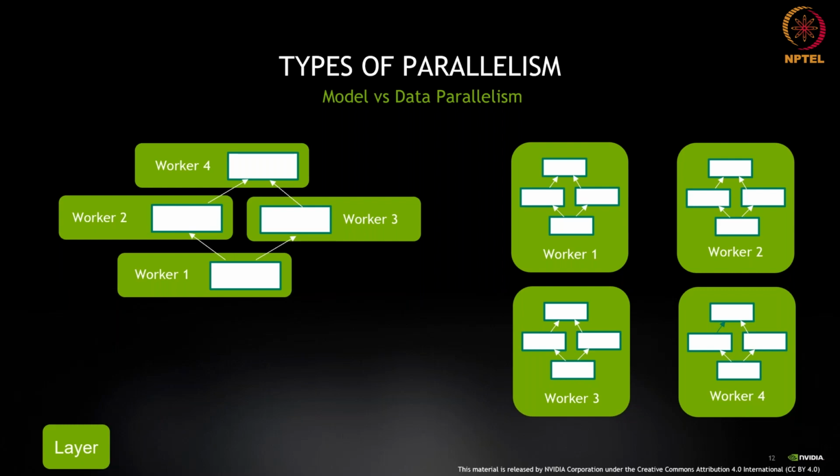Data parallelism would run the same network in different workers or GPUs. When I say worker, I am referring to different GPUs, but with different input data for each worker. And then the outputs are aggregated.